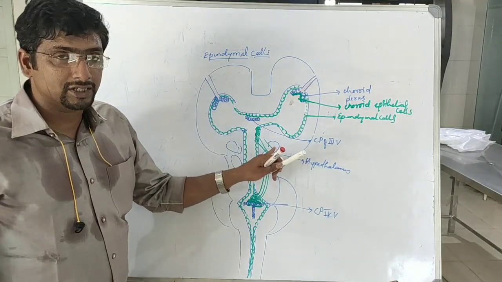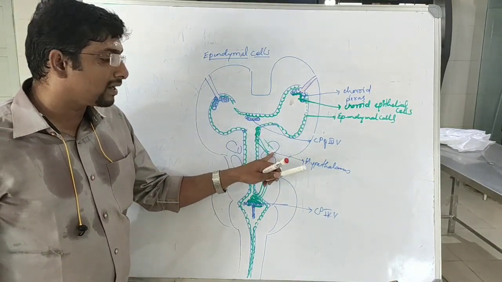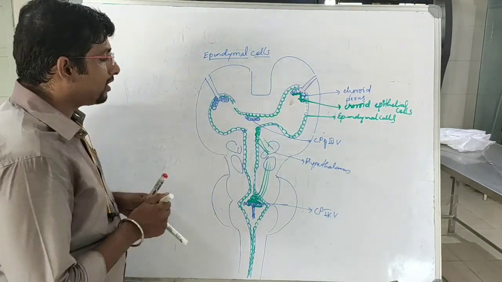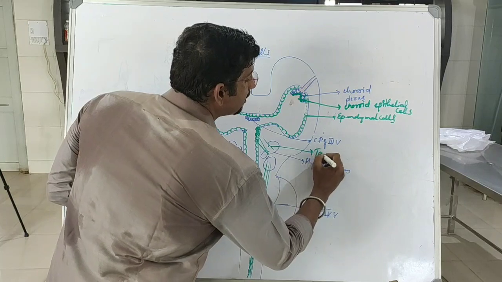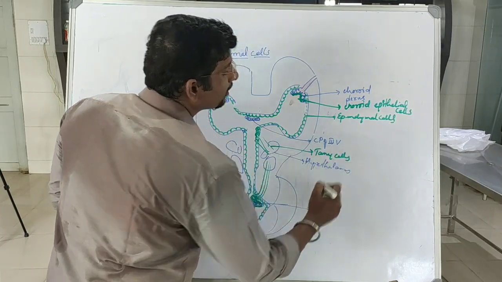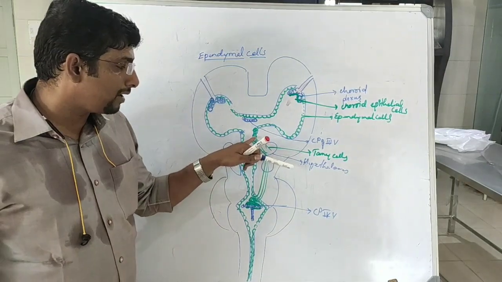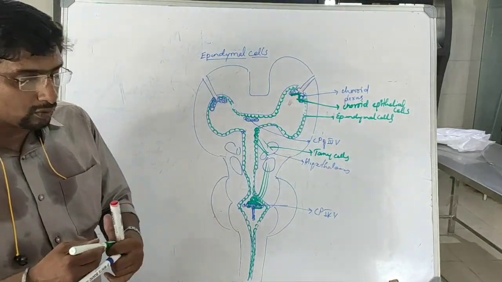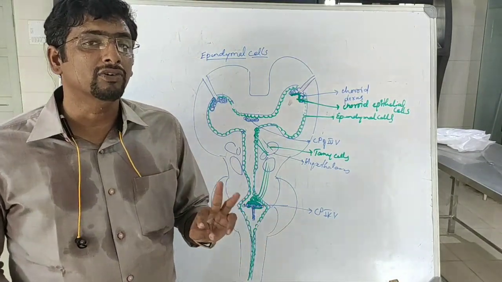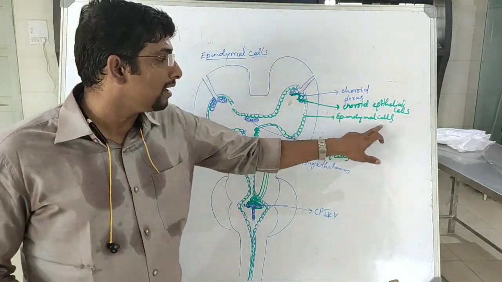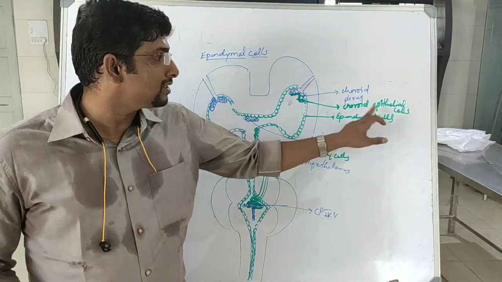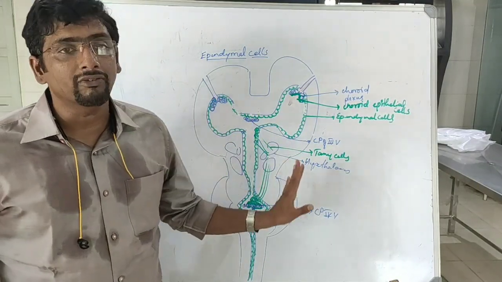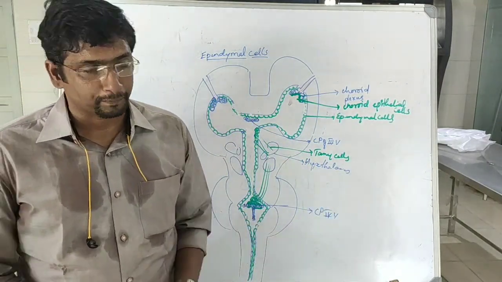The long extensions of these ependymal cells get connected to the hypothalamus. These are also a type of ependymal cells, and they are called tanycytes. There are totally three varieties of ependymal cells: ependymal cells, choroid epithelial cells and tanycytes.